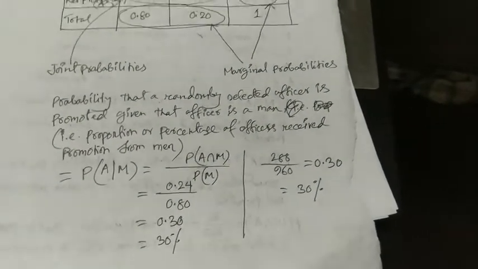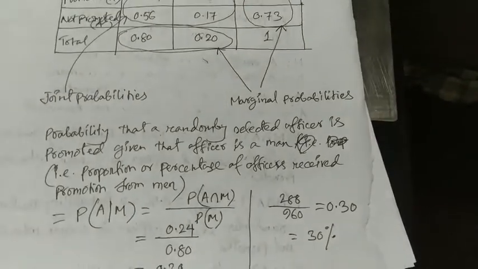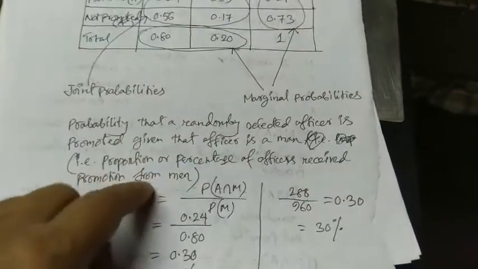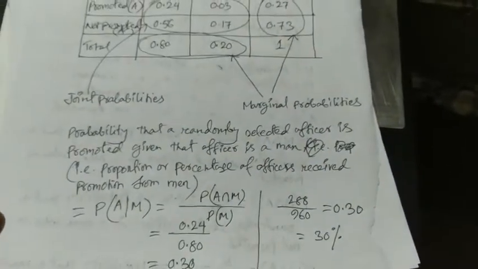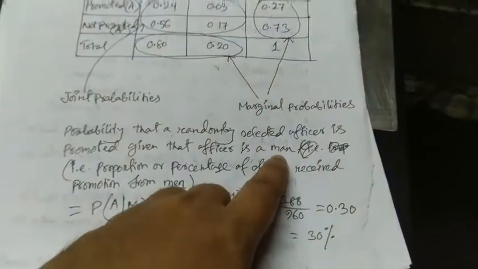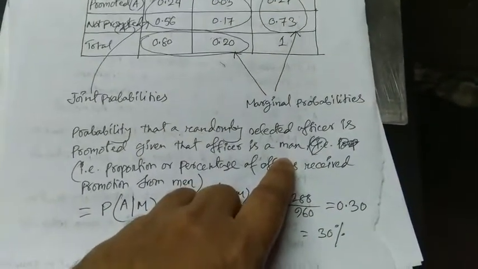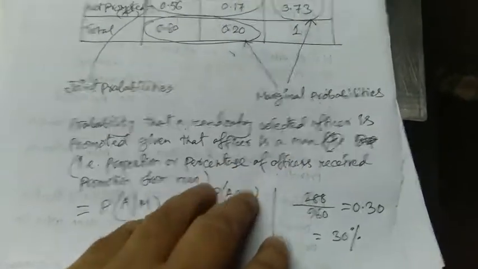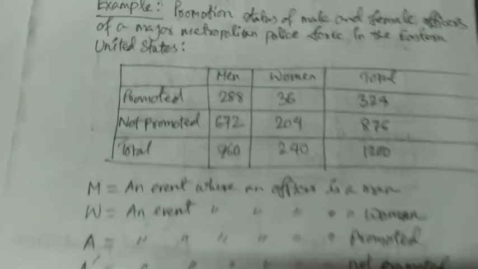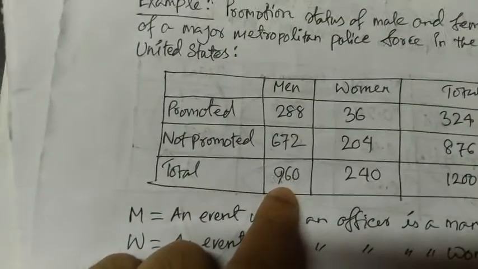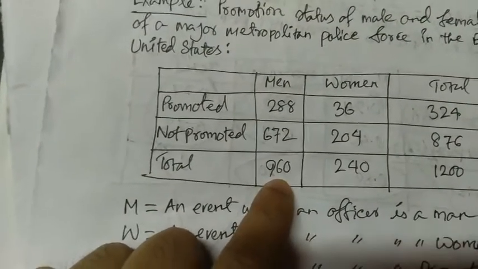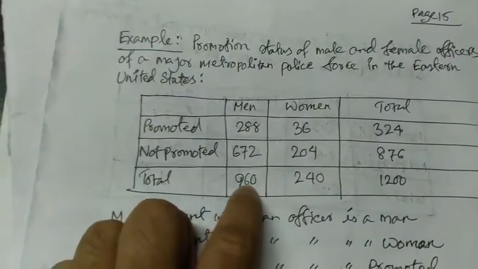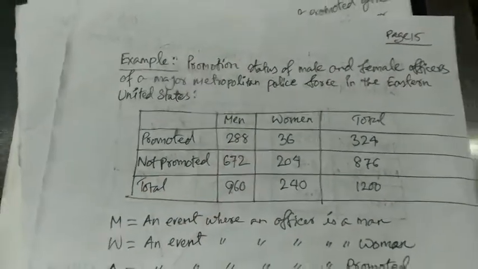Right. Another way we can calculate it is this: the given part means you are finding, out of men, how many got promoted. As you can see, this is the total men, 960. Out of 960 men, 288 got promoted.